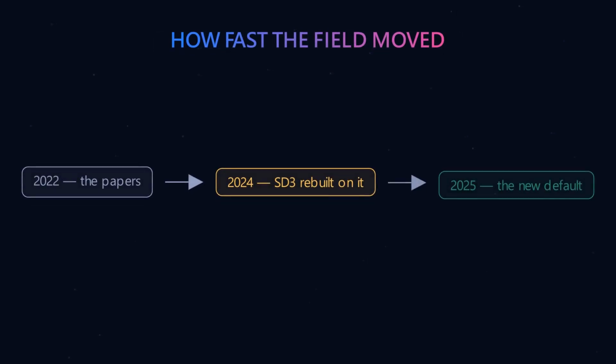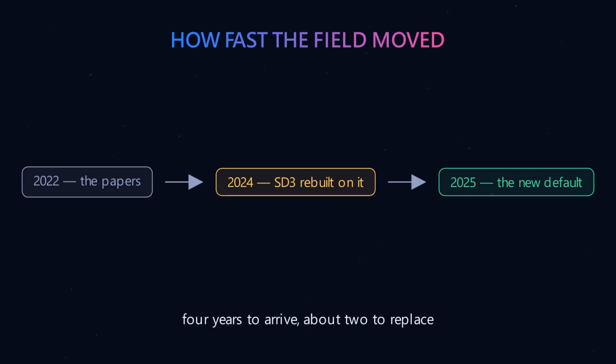Once that realization landed, the field moved with startling speed. The core flow matching and rectified flow papers appeared within months of each other in 2022. By 2024, Stability AI's Stable Diffusion 3 had rebuilt its entire generative core around rectified flow. Within another year, simulation-free, straight-path training was the default assumption in new generative research, not the exception.